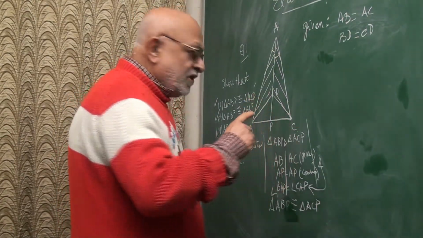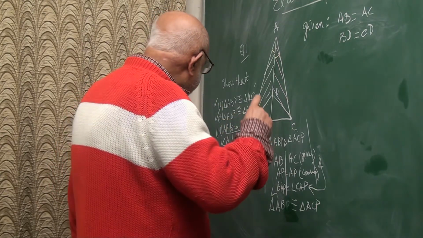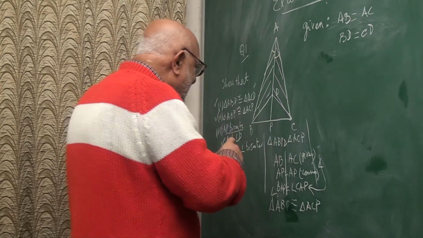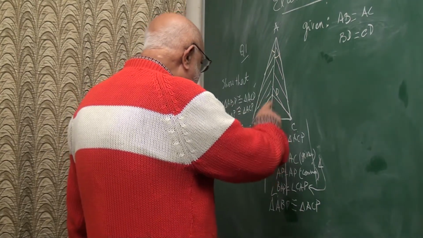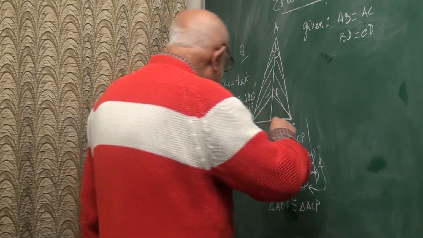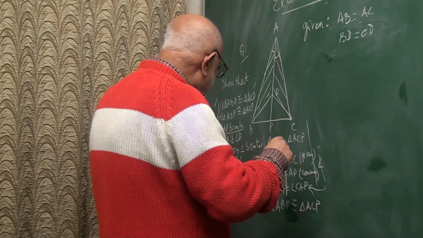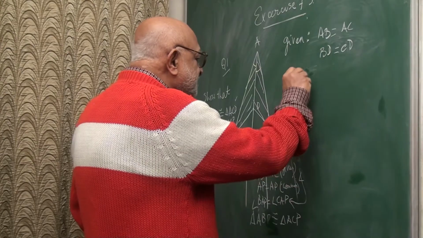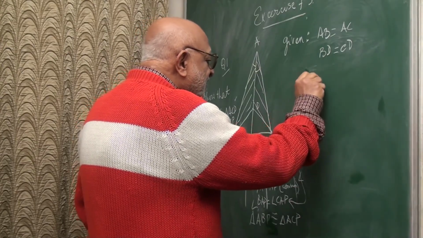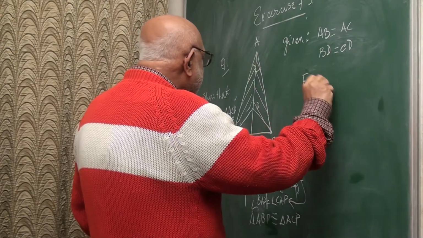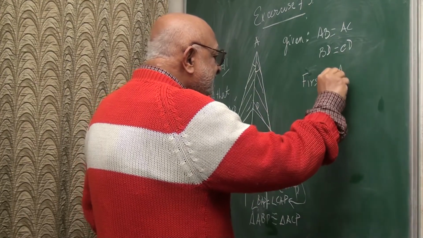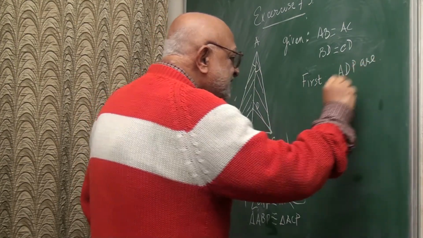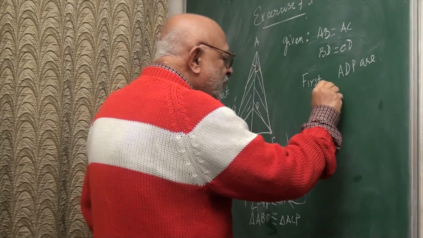Now what I have to do is prove that AP bisects angle D. First, I have to say that points A, D, P are collinear.